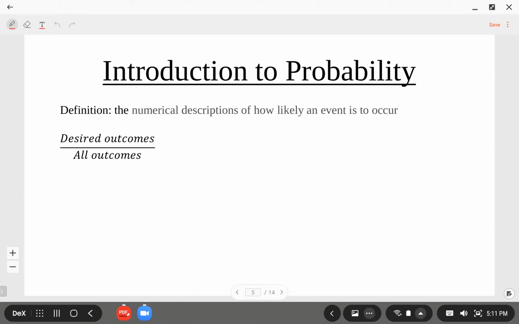Now let's go to our introduction to probability. Let's review what probability is. The definition of probability is a numerical description of how likely an event is to occur.